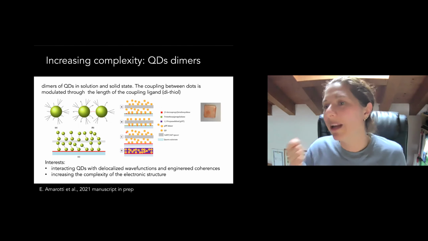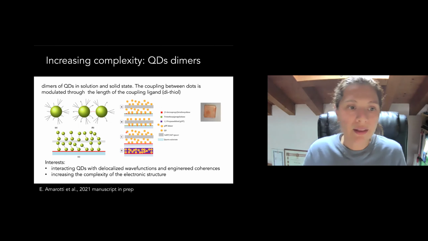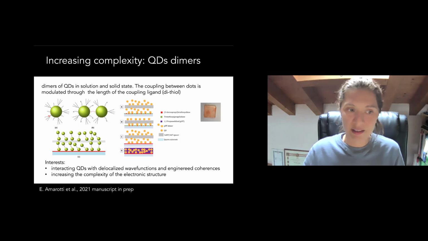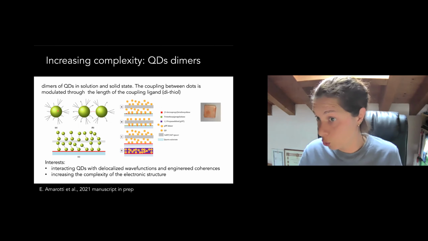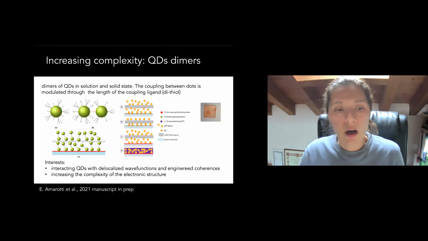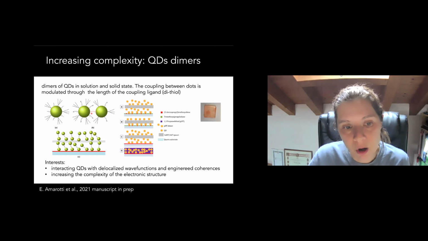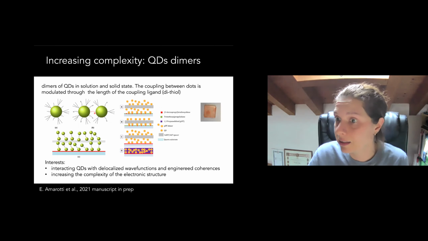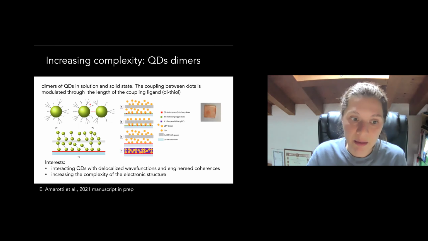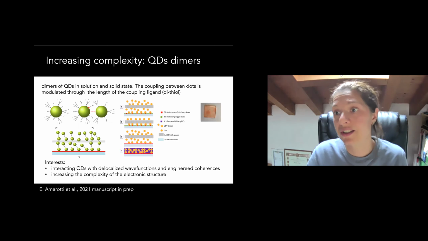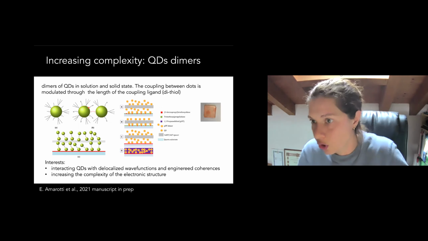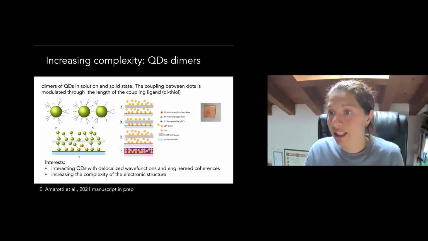We decided to complicate the materials a bit more, and rather than studying isolated quantum dots in solution, in suspension, we prepared dimers of quantum dots by means of a dithiol ligand. And we studied dimers of quantum dots both as suspensions, so in solution, and as solid state samples.